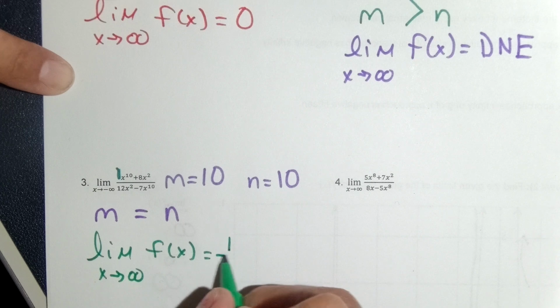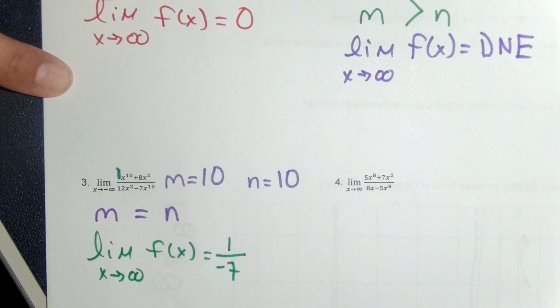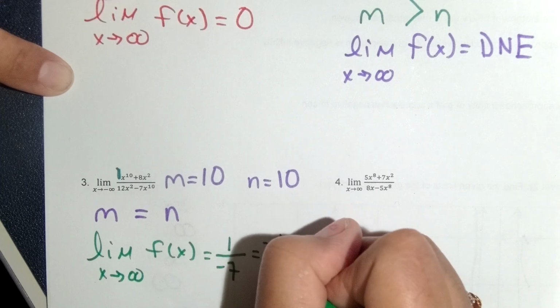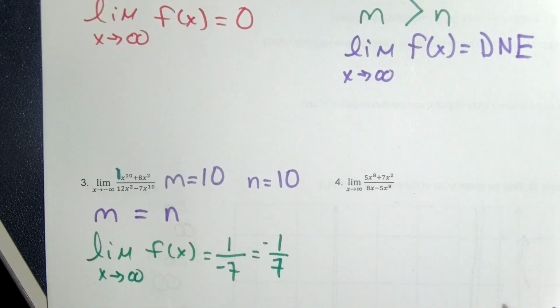Well, it's 1 over -7, but what did I tell you need to do? No negative in the denominator. Seniors, no negative in the denominator. That's not mathematical notation, okay? And yes, I will mark it wrong if the negative is in the denominator, okay?